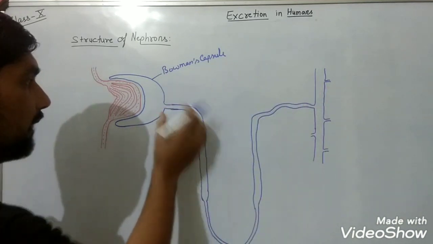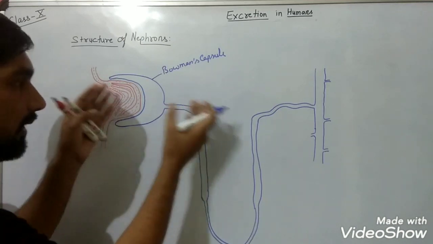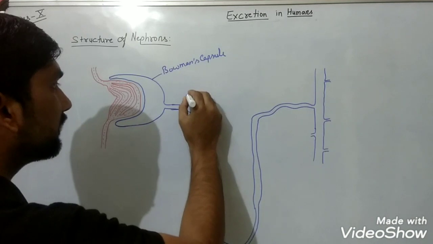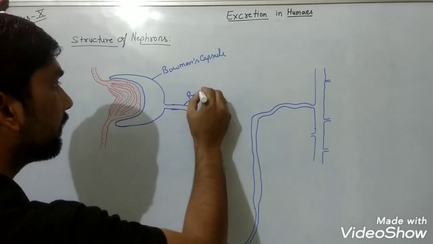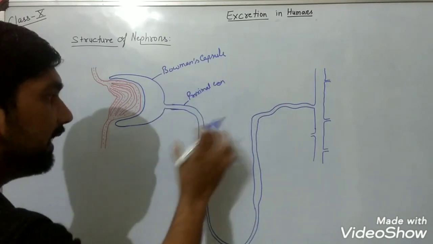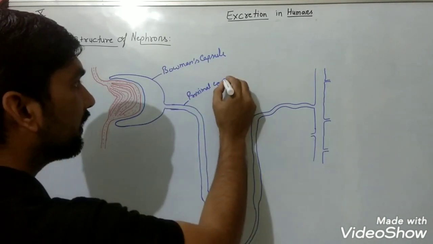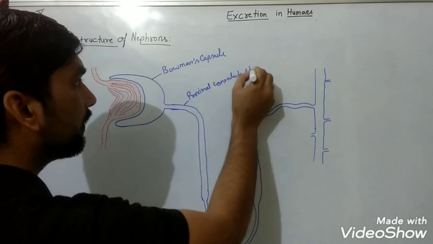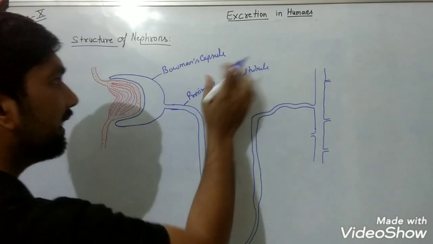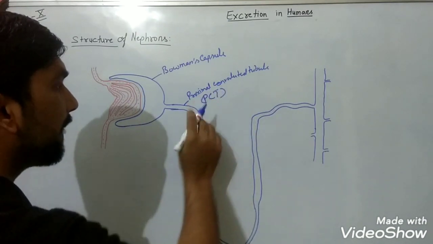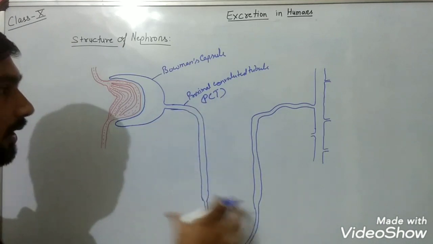This one is the interior part, so it is known as the proximal convoluted tubule, convoluted because it is a highly coiled structure, or we can also call it PCT.